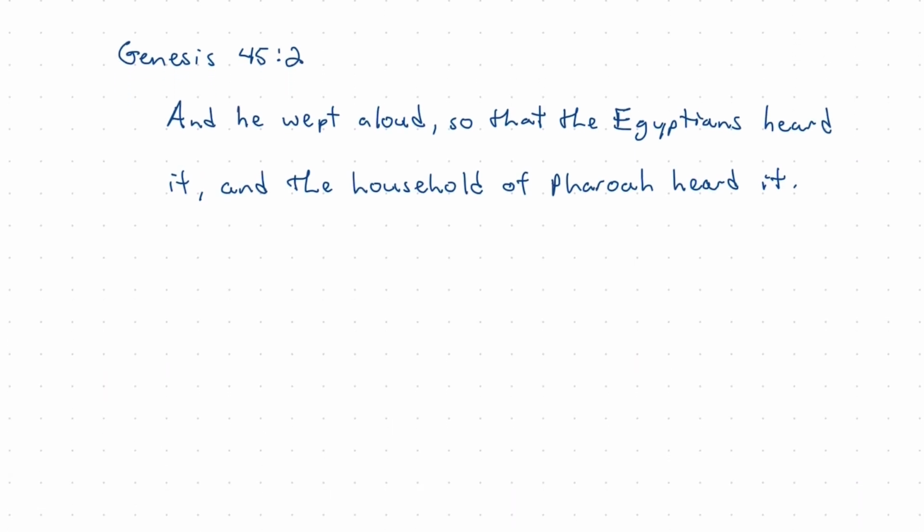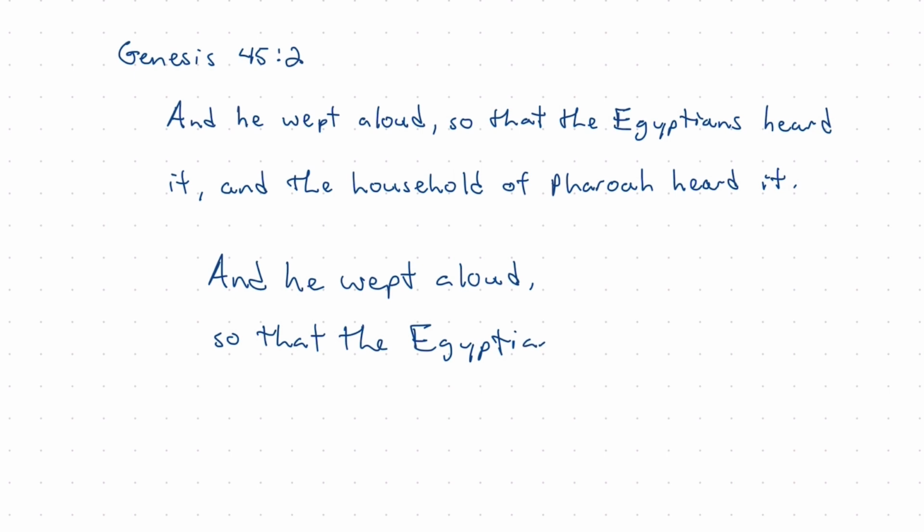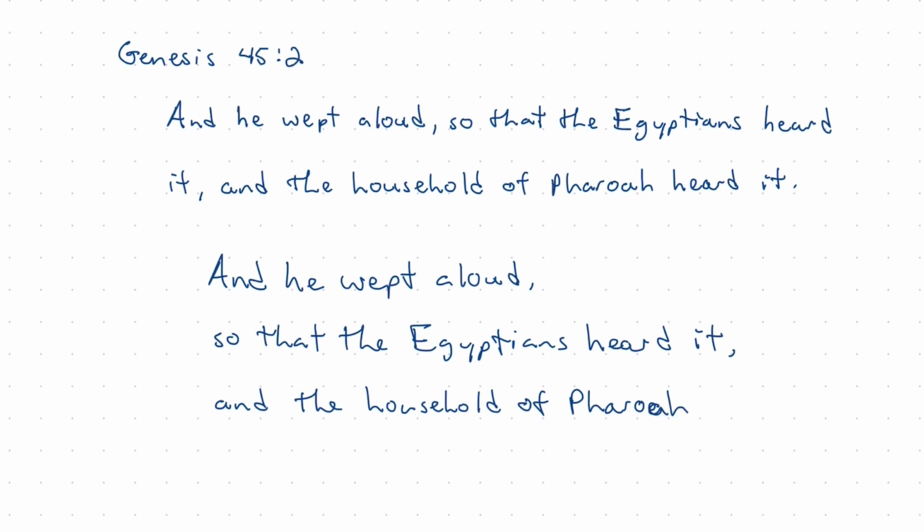as three propositions so we can identify the relationship between them. And he wept aloud so that the Egyptians heard it, and the household of Pharaoh heard it.